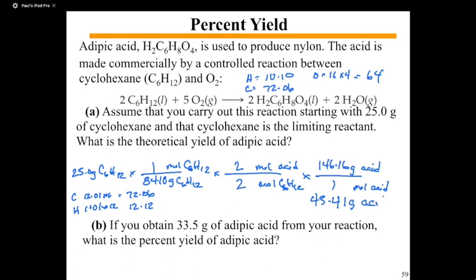I was supposed to make 43.41 grams. I made 33.5 grams. That's what I actually did. Mathematically, on a piece of paper, I should have made this.